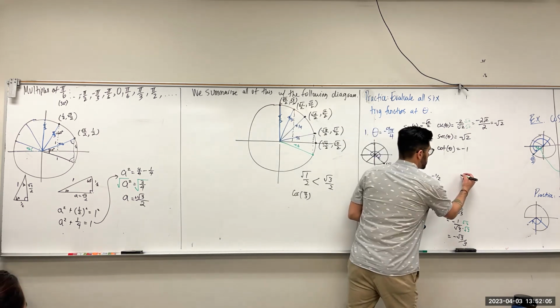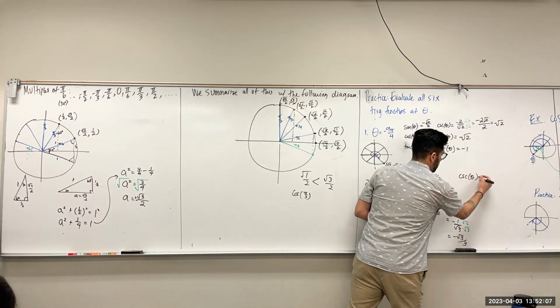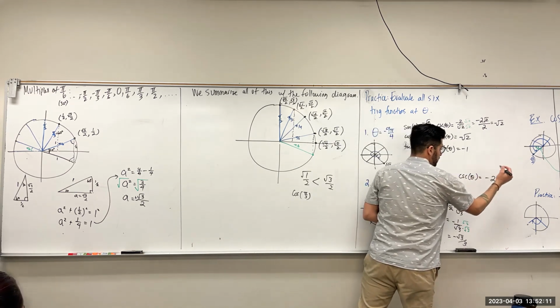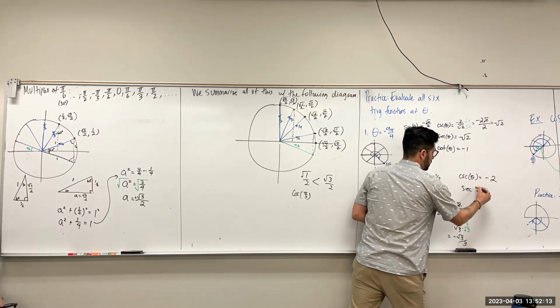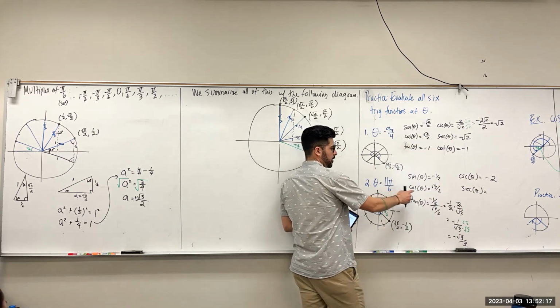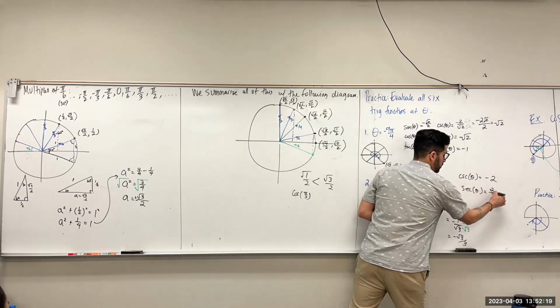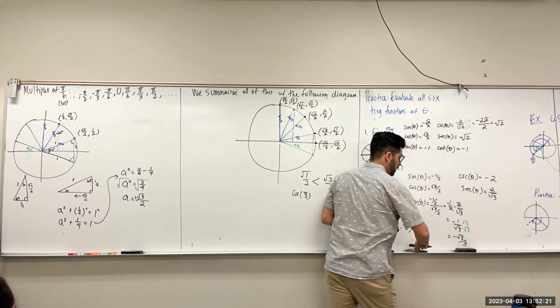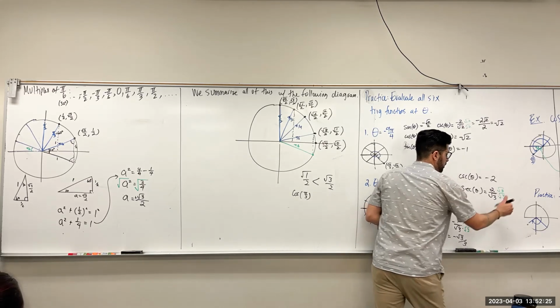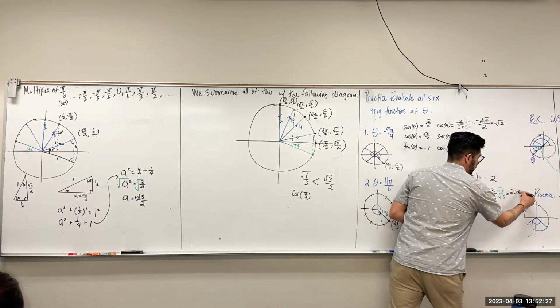And then for your reciprocal functions, the reciprocal of -1/2 is -2. The reciprocal of this guy, let's be careful with that one, is 2/√3, but you got to rationalize. 2√3/3.